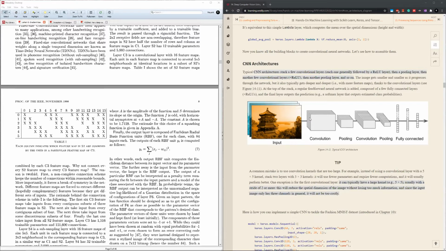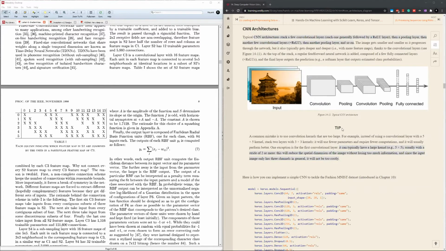Then the next is pooling, then convolution, then pooling, then some fully connected layers to get a latent representation, which can be used in downstream tasks, like in the case of autoencoders or classification or anything. That was the use case.